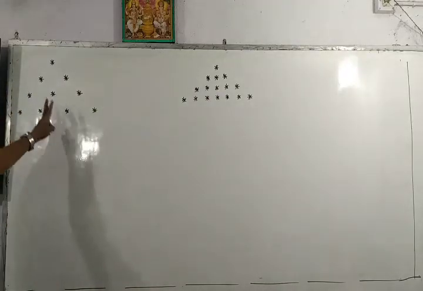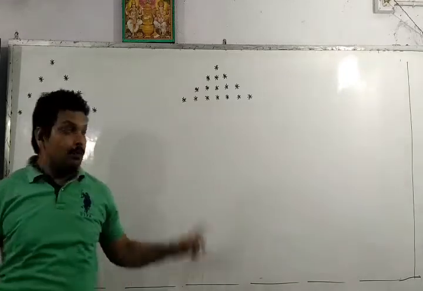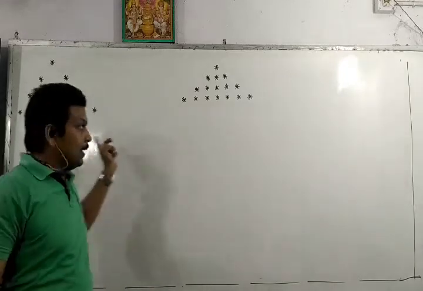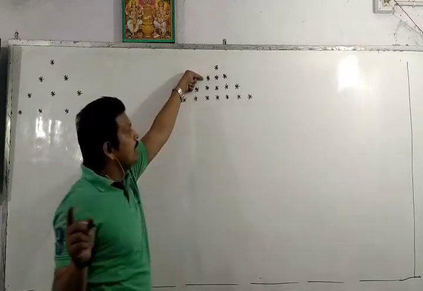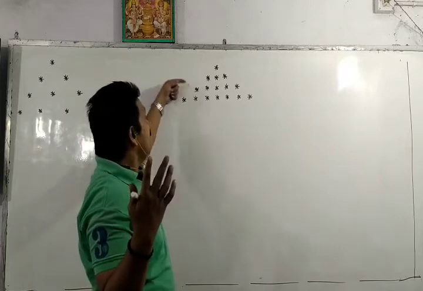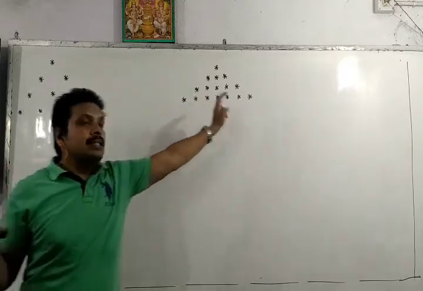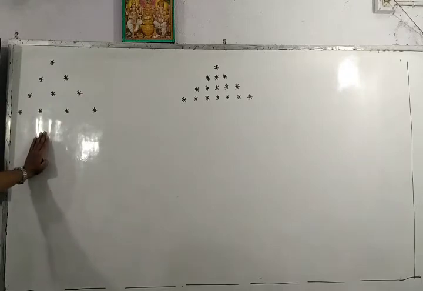So clearly we can see that both patterns are different. Here in the first line we have one star, in the second line 3 stars, in the third line 5 stars, and in the fourth line 7 stars. But here the scenario is different.